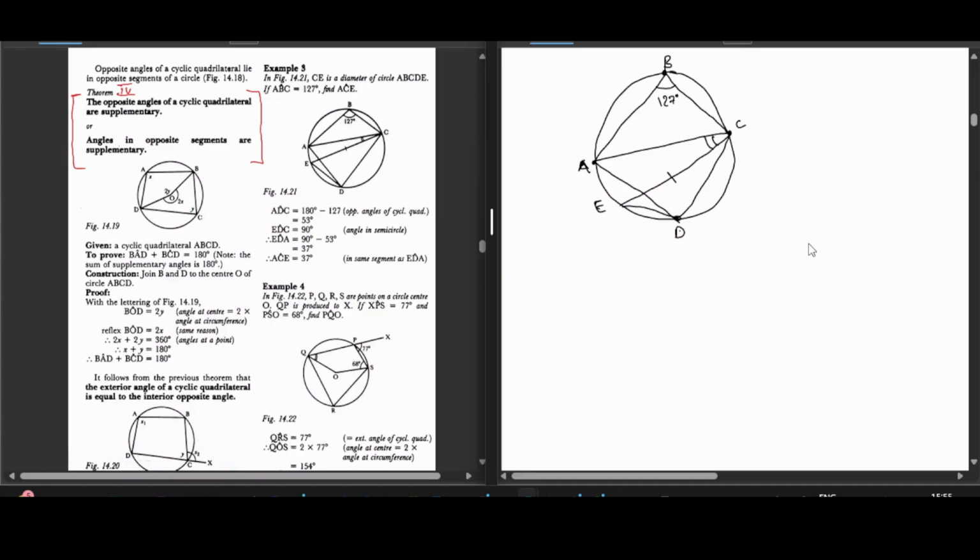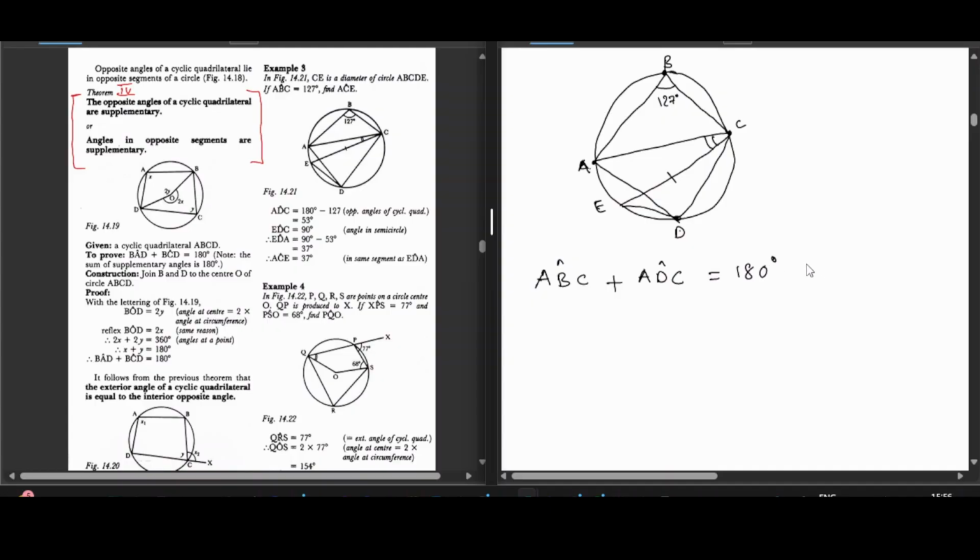But because we have a cyclic quadrilateral, the theorem says opposite angles add up to 180. So since opposite angles add up to 180, what it means is, angle ABC plus angle ADC should be equal to 180.